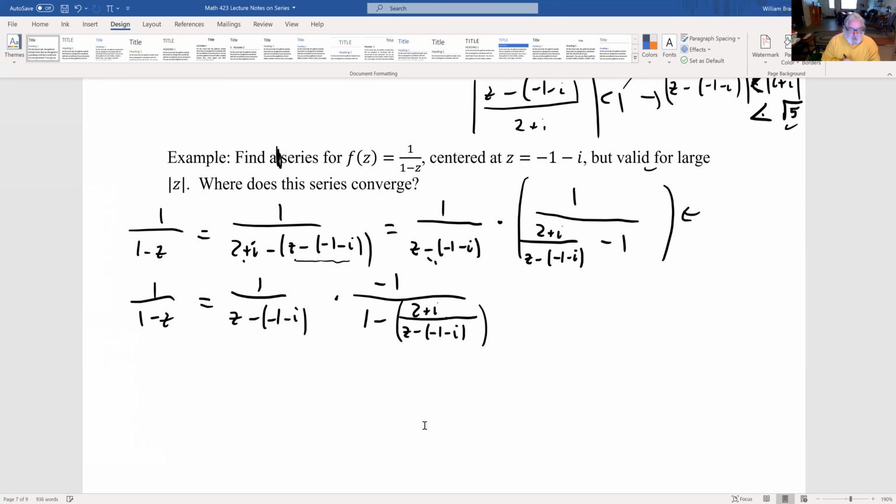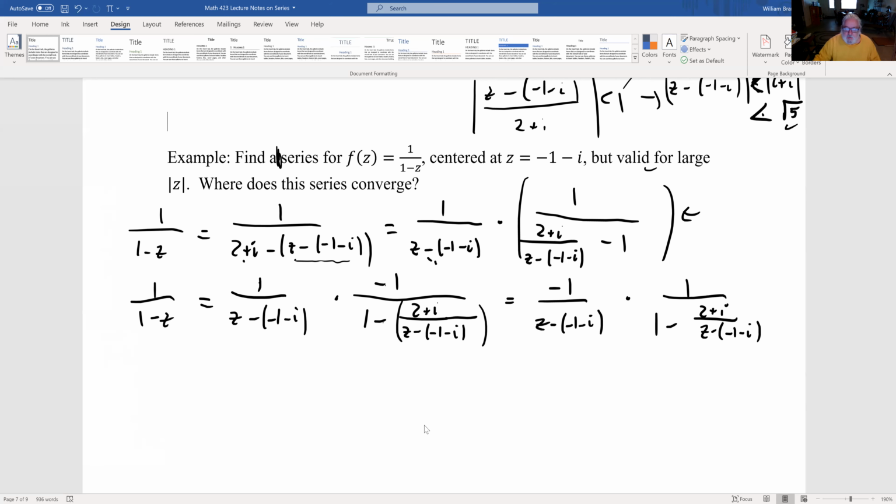Hooray. Great. Why do we want to do that? This is 1 minus something in the denominator, right? We can always just plug in a w in there. So we can rewrite this then as minus 1, I'm going to move this minus sign over to this one, over z minus the center, times 1 over 1 minus 2 plus i over z minus the center.